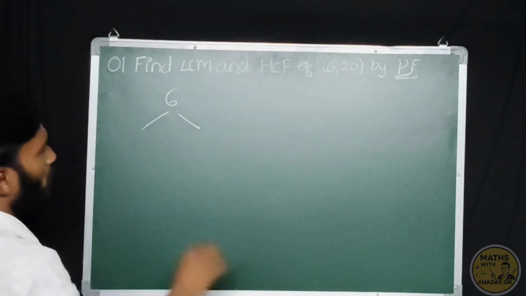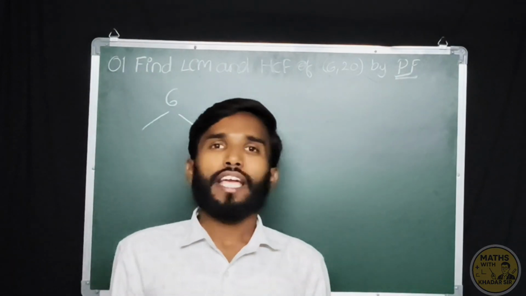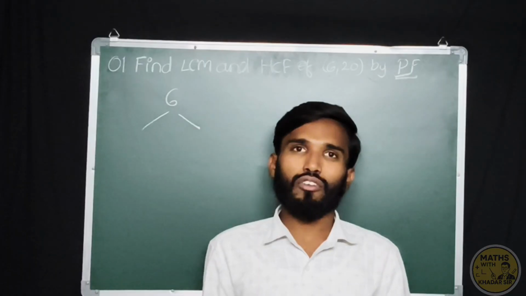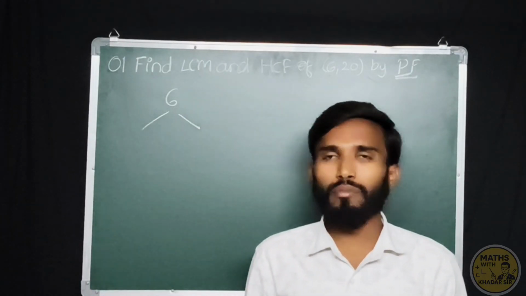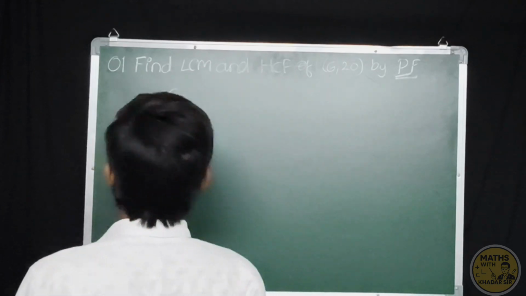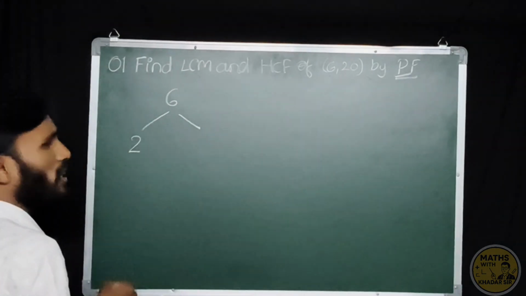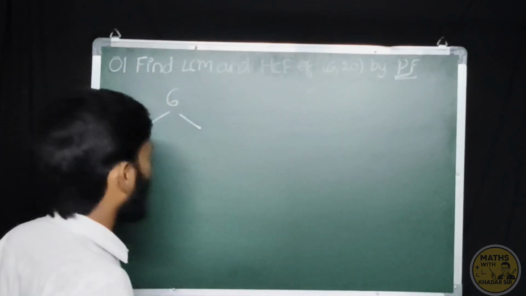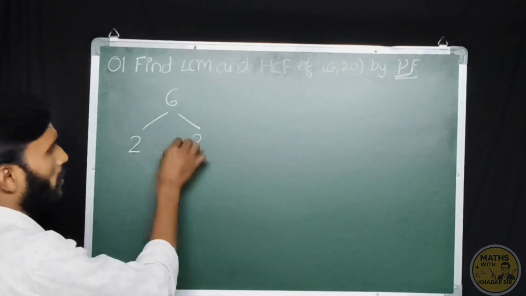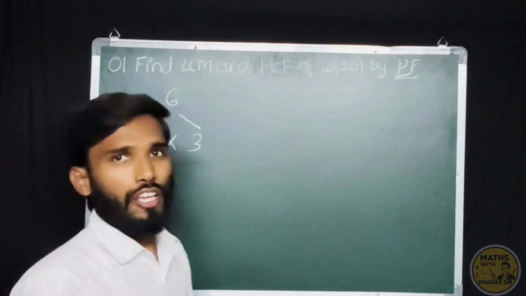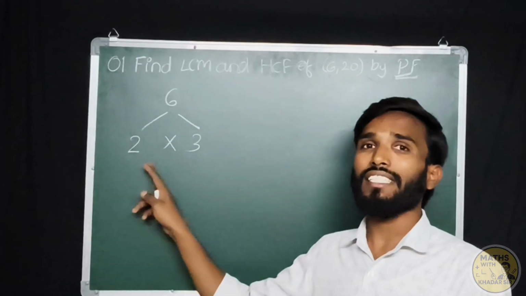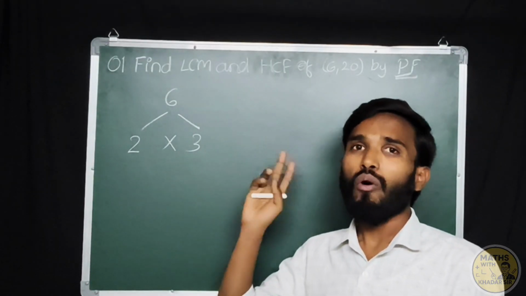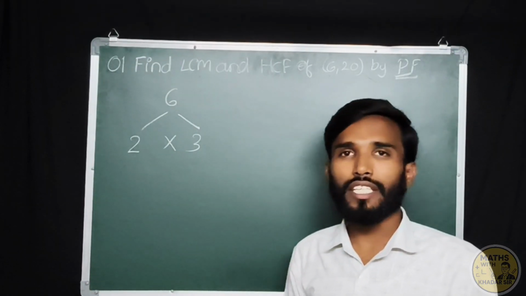Factor tree. Now see, can we start our factorization of prime numbers from 1? No. Why? Because 1 is neither prime nor composite. So we start with 2, which is the one and only even prime number. In the 2 table, 6 how many times? 3 times. 2 3s are 6. If you observe here, there are no more factors of 2 and 3 other than 1, and 1 is also not a prime number.